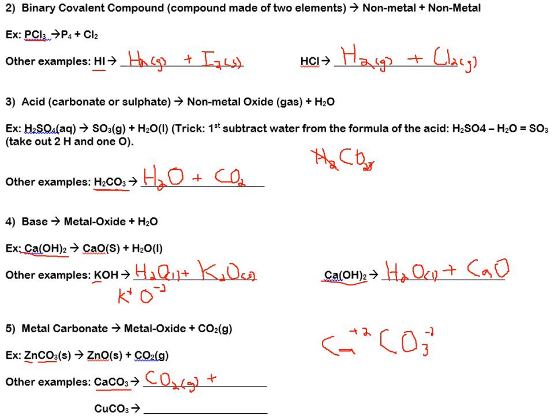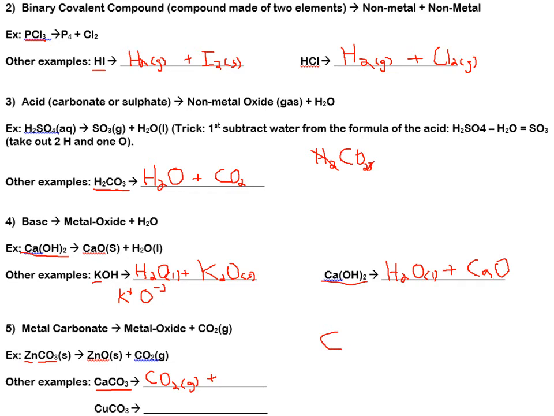If you do charge balancing or crisscross, you would end up with Ca, should be oxygen, not carbonate. Let's redo that there. Let me erase that. So it's the crisscross between the metal and oxygen.